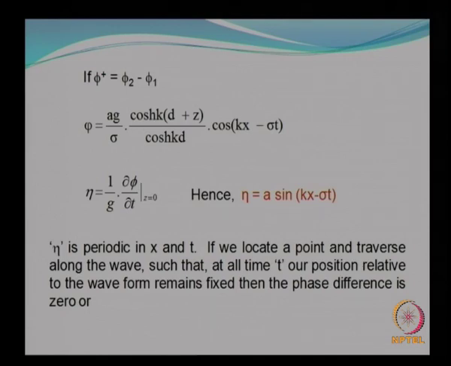Is that clear? So this phase considers both variation in space as well as in time. That is what I am writing here: the wave elevation eta varies in both space and time. How do we understand this?